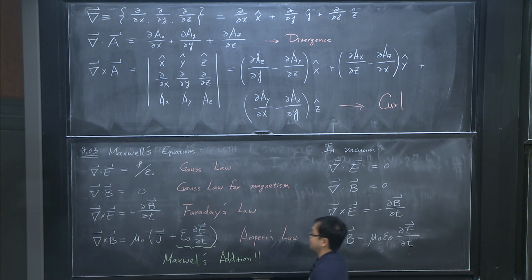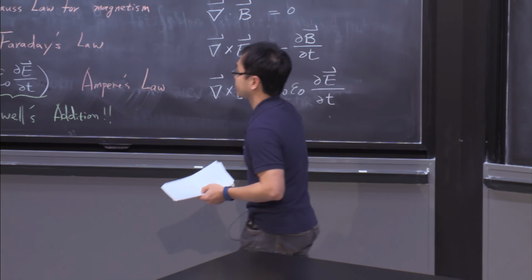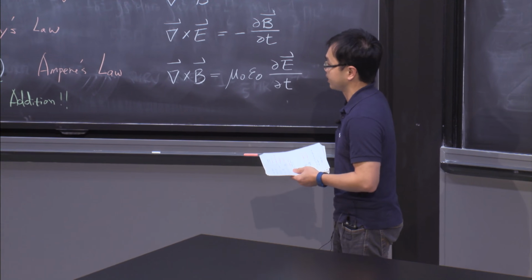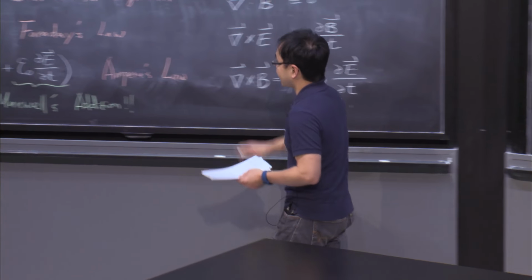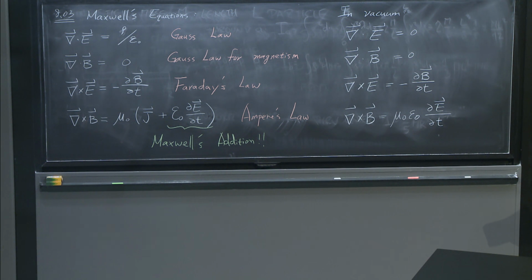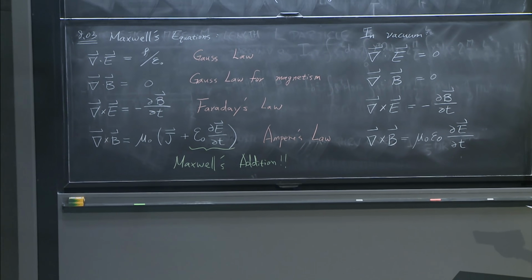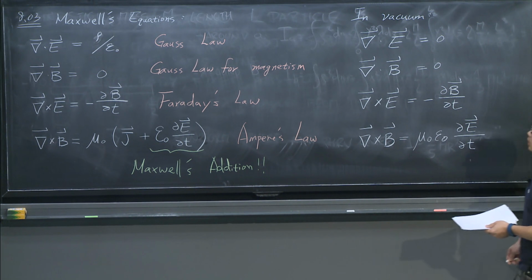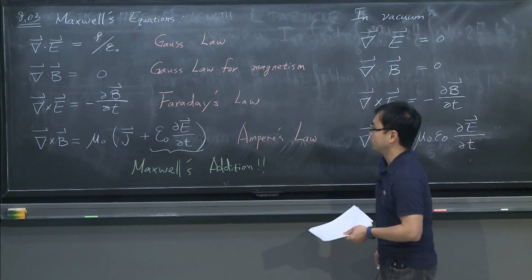The third one is Faraday's law. It's curl of E equal to minus partial B partial t, and B, as a reminder, is the magnetic field vector. And the last law is Ampere's law. It's curl of B equal to mu 0 J plus mu 0 epsilon 0 partial E partial t.